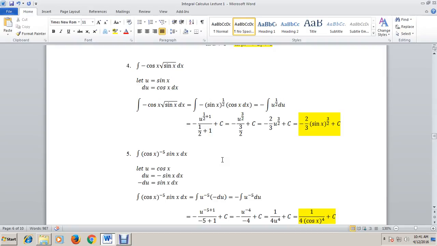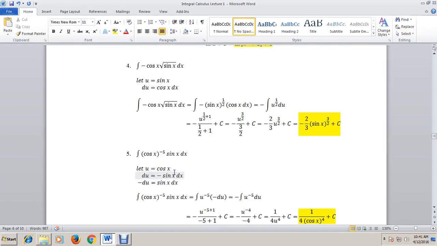The suggestion is you choose the expression with the more complicated exponent. The exponent for cosine x is negative 5, whereas the exponent for sine x is 1. Choosing between 1 and negative 5, you choose negative 5, so the expression under negative 5 you represent as your u.